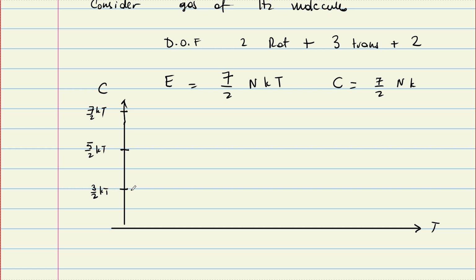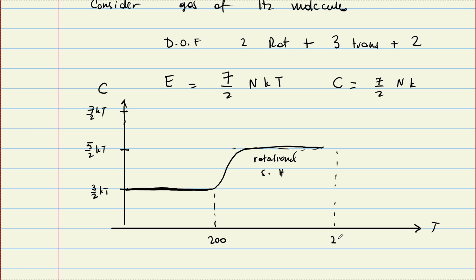So at low temperatures, what you are going to have is like this, right? You have a specific heat as if it doesn't know about rotational degrees of freedom. And here, at about 200 Kelvin, it transitions to these rotational levels. Here is the rotational specific heat, and at about 2000 you transition to vibrational.